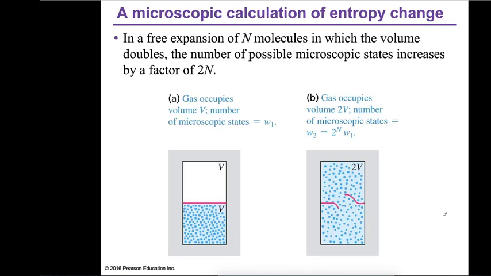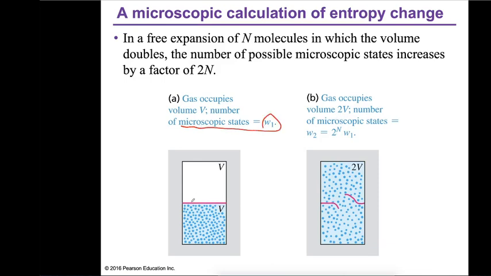In the free expansion of n molecules, in which the volume doubles, the number of possible microscopic states increases by a factor of 2^n. For example, if some gas occupies the volume V, the number of microscopic states is W1.